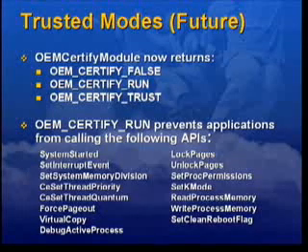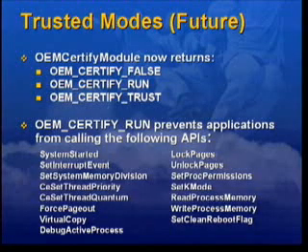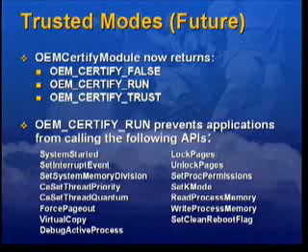So we were looking at all the Windows CE APIs, and we're trying to see which APIs can cause harm in the system, which APIs can allow, let's say, memory access to other processes. We took that set, and now we're preventing applications that run under this mode from using those APIs.